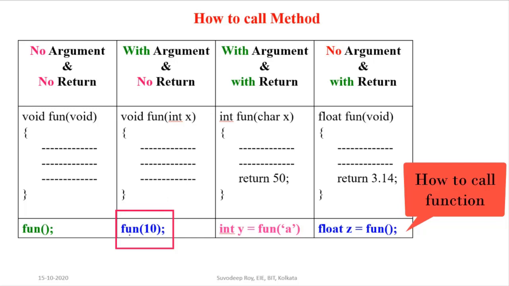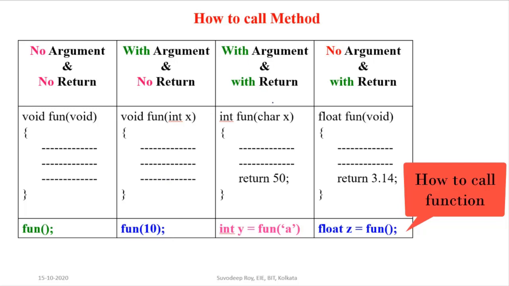When we call this function and write fun(10), this 10 is actually the value for X. So this 10 will be stored in a particular memory location, which is assigned for this variable X. Then it will execute the different instructions, apply the value of x in those instructions, and ultimately give output or result as per the function.